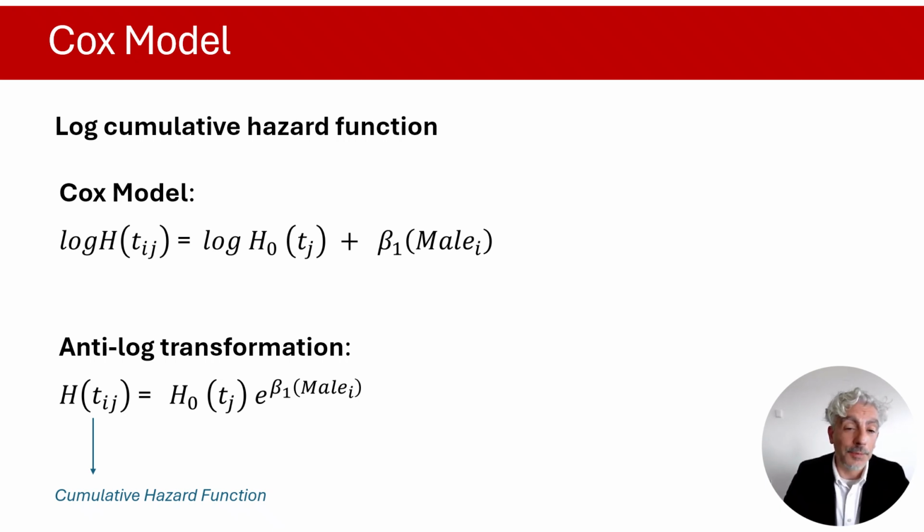But it will not be constant when we are considering the cumulative hazard functions, because as you can see at the bottom of the slide, the relationship between the baseline and the estimated coefficient for males is multiplicative, it's not additive.